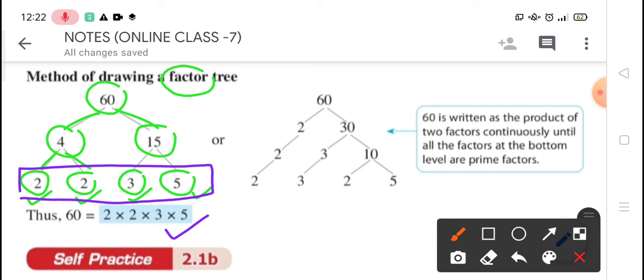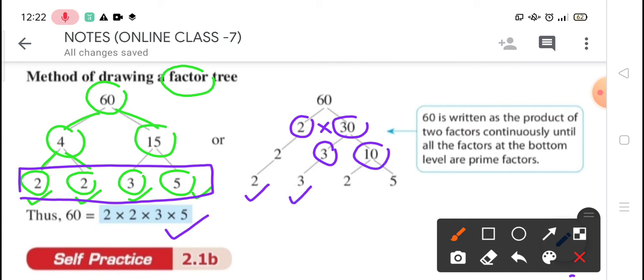Okay, anyway, we can do this factor tree by using another method. I can break 60 into 2 and 30. That means 2 multiply 30, I can get 60. 2 already is a prime number, so I just bring it down. Anyway, 30, I still can break it. I break it to 3 and 10. So 3 is already a prime number, I just bring it down.